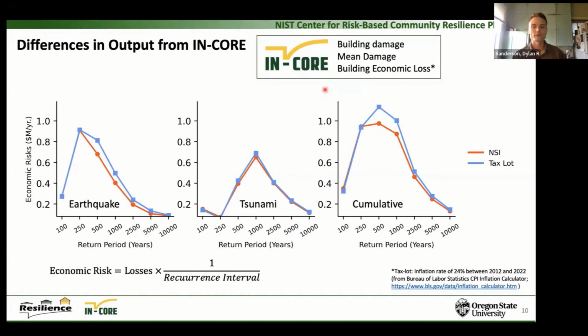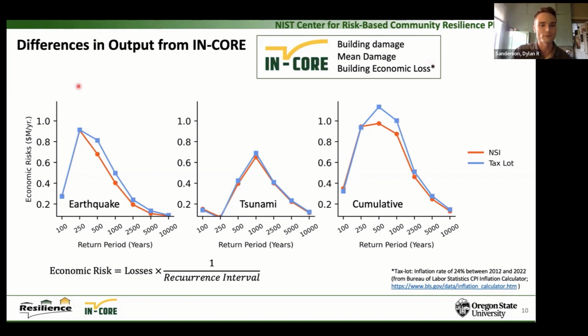The last thing I'm showing here is not just building damage, but also economic risk. So in this case, we take NCore, run our building damage analysis, compute the mean damage, and then using NCore also do economic losses. And then we account for inflation from 2012 to 2022 to get the dollar values on the same level here.